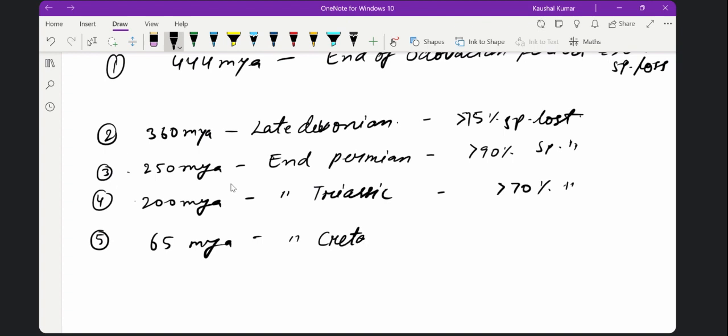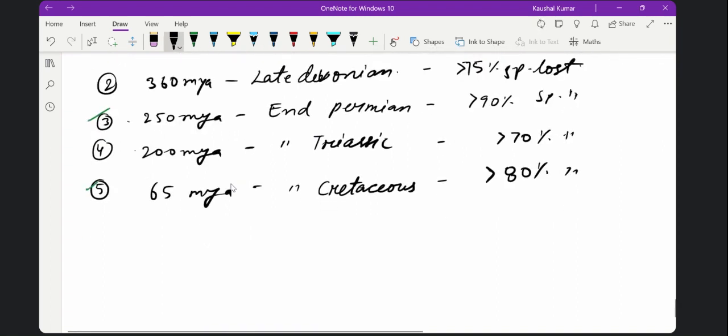The most vast mass extinctions are the Permian, Ordovician, and Cretaceous, where more than 80% of species were lost. So this is all about mass extinction.